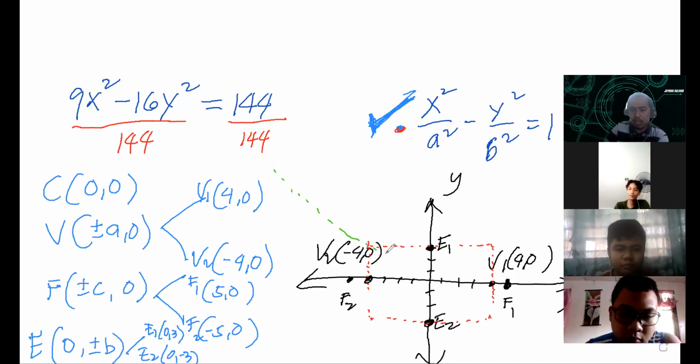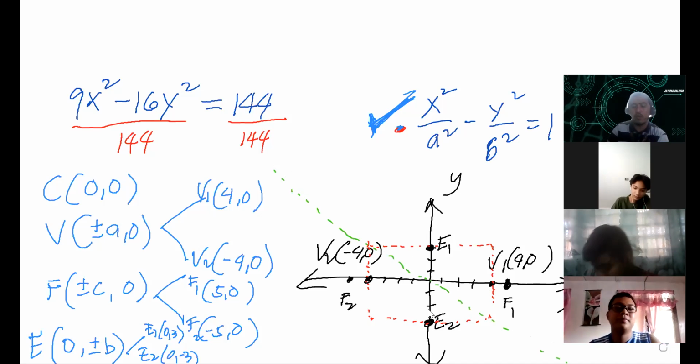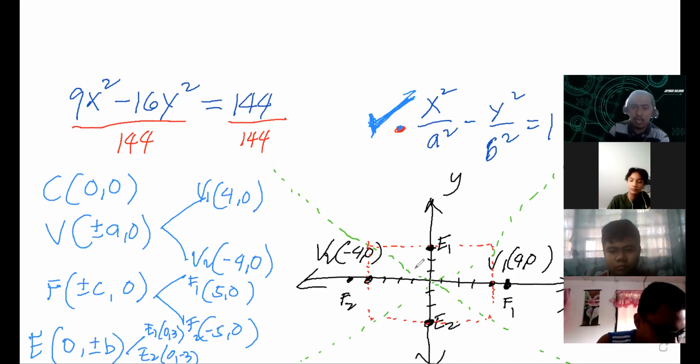The diagonal line that will serve as your asymptotic line. And then here, in the other side as well. That is where your hyperbola will get close. So in that case, your hyperbola will look like this.